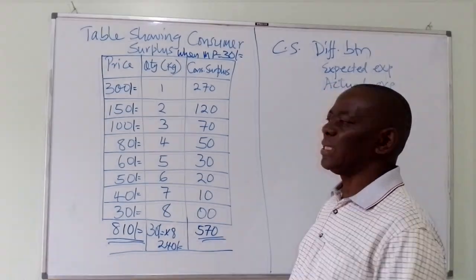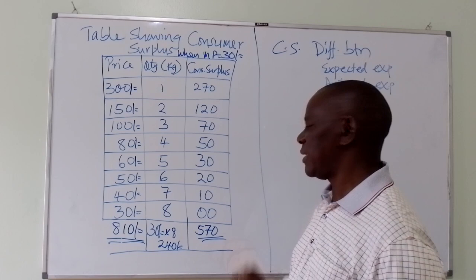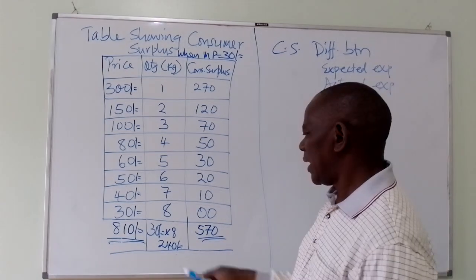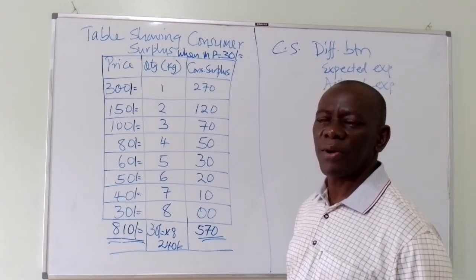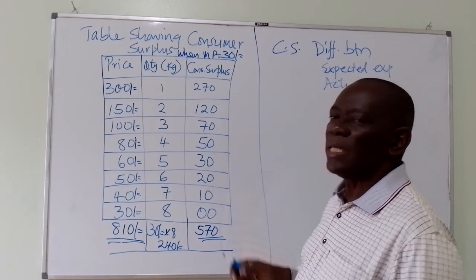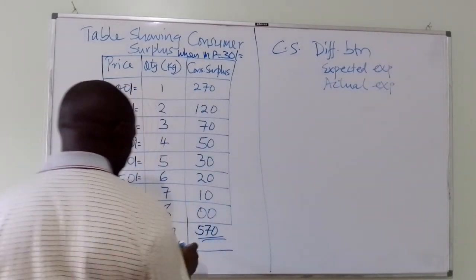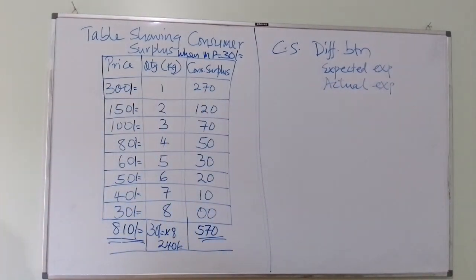To him, it is free. He expected to spend this, now he is spending this. So he has a surplus of 570. 570 is his surplus. So this 570 is the consumer surplus.